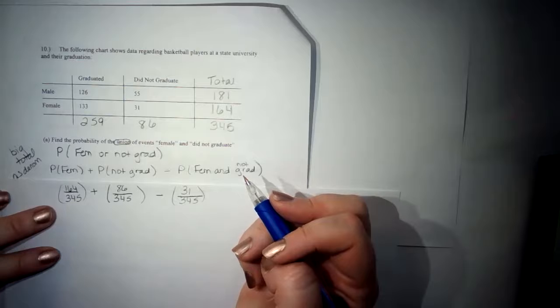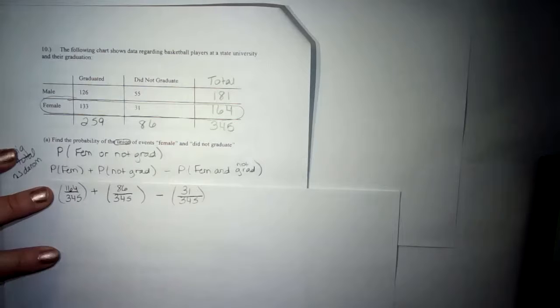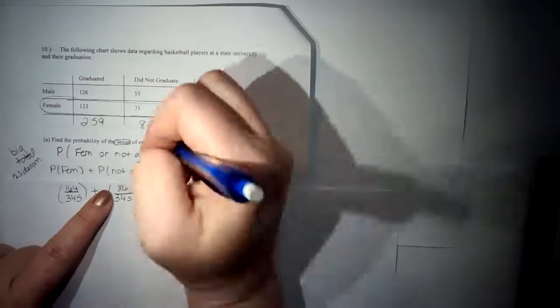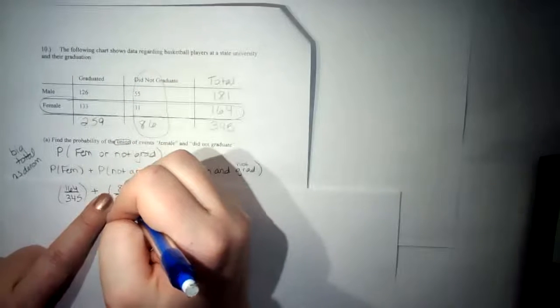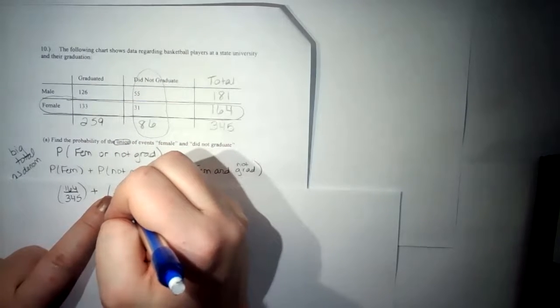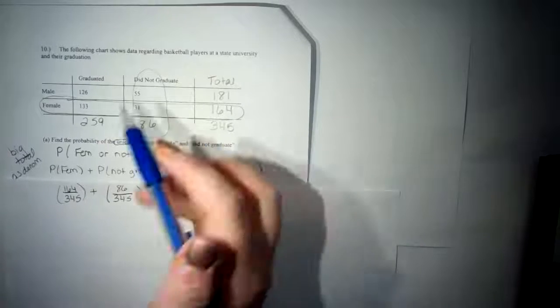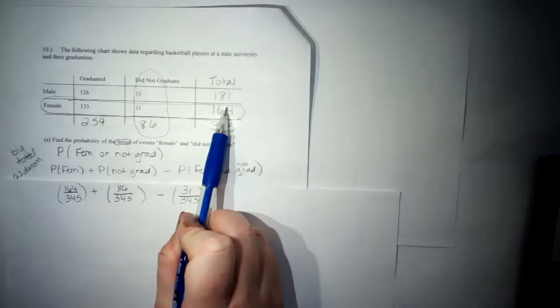Okay, before we find the answer on this, let's talk about it a minute. What we found here, we found the total females. We used this column to get this number, right? Then we found the total did nots. We used this column to find this number. Why are we subtracting out 31? Well, look, we counted 31 in the first fraction.